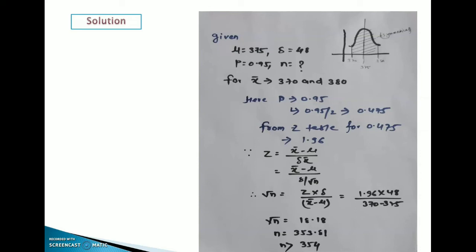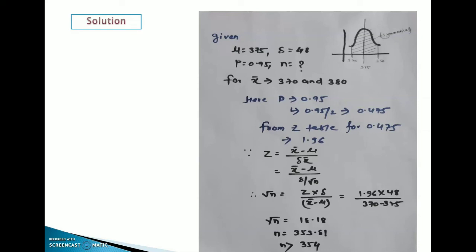For probability 0.95, we divide it by 2 and get 0.475, and we have to look in the probability table for the value of Z for 0.475. We have to look at it in reverse to get a better answer, so we look for the reverse value of 0.475 for Z.